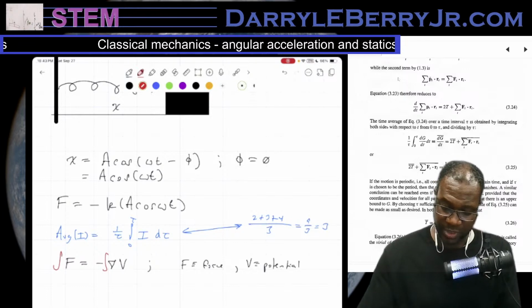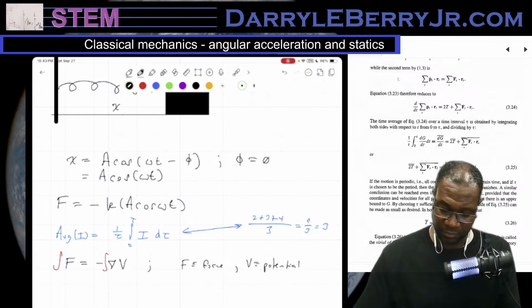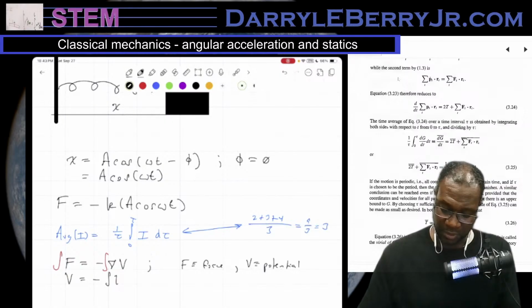And so that means that the potential equals the negative integral of force.